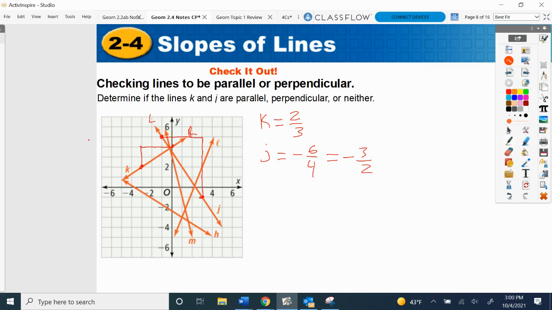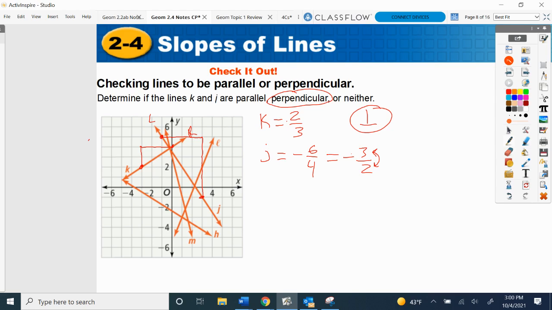And check it out. These lines indeed are going to be perpendicular. You can verify that because it went from a positive to a negative, so we have a switch in our signs. And then also our numerators and denominators flipped around, so we have those negative reciprocals.